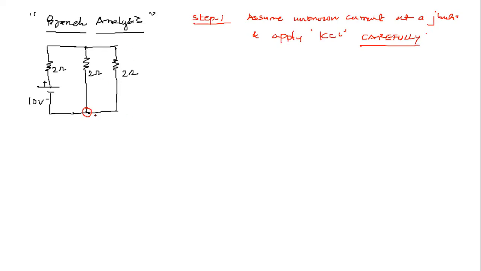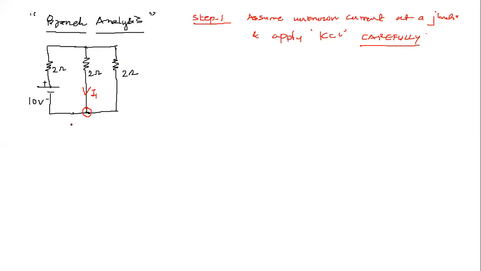Very important, because I've chosen a different junction now. This battery is going to give out the current, and it is obviously going to flow like this. So let us call this current I1. I can choose either of these two. The first step is to choose an unknown direction of current, and we need to apply KCL at that junction.